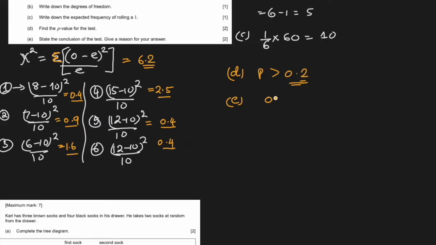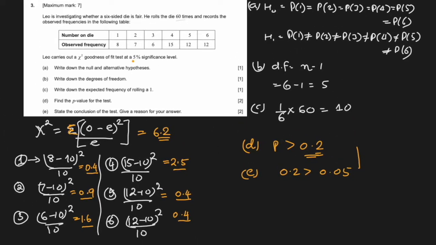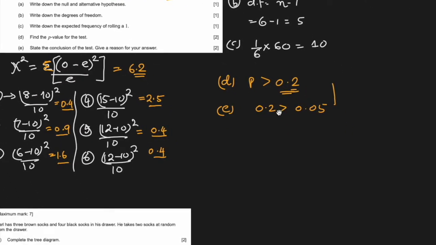0.2 is much more than 0.05, because they have given the significance level. Can you see? 5% significance level means 0.05 if I convert that to decimals. And if our p-value is more than that, that means we are not sure to change.